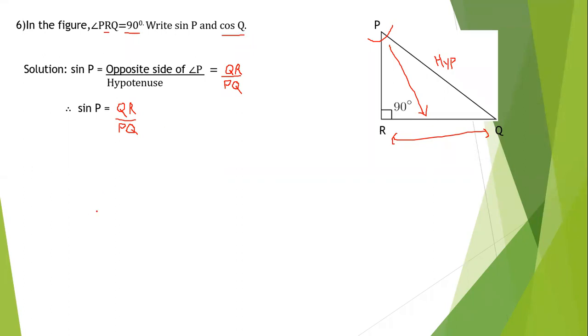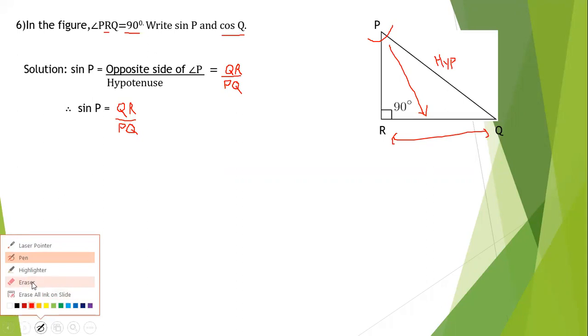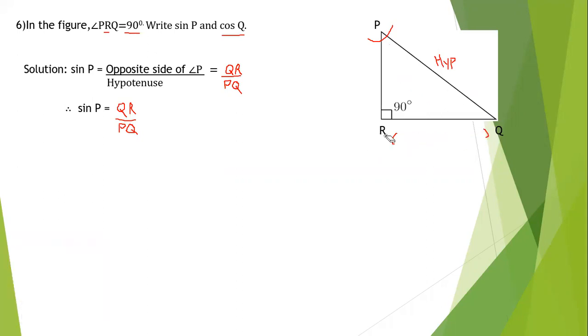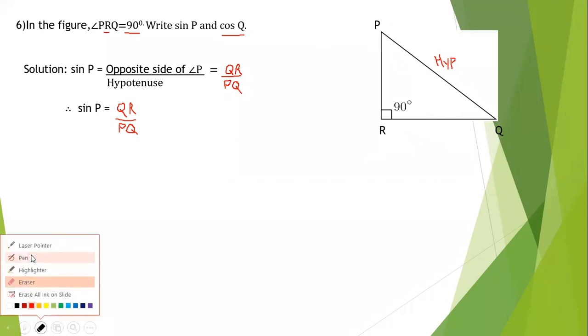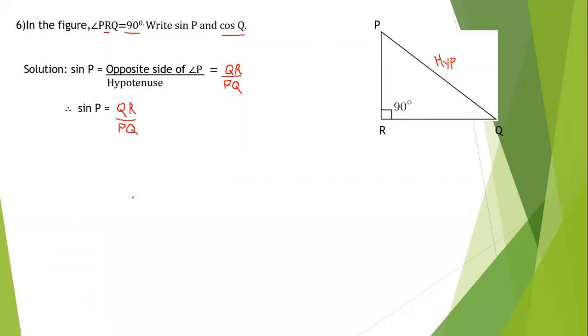So, let me rub this first. So cos Q, first we will write the formula. Cos Q is equal to adjacent side of angle Q upon hypotenuse. So in the figure, we will see where is angle Q. We can see over here.